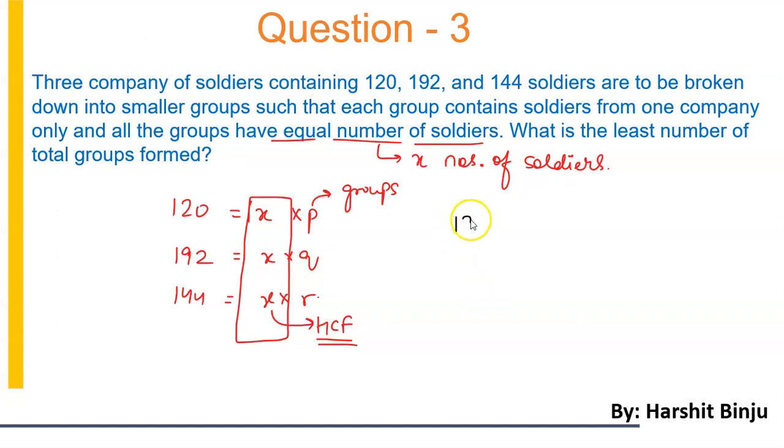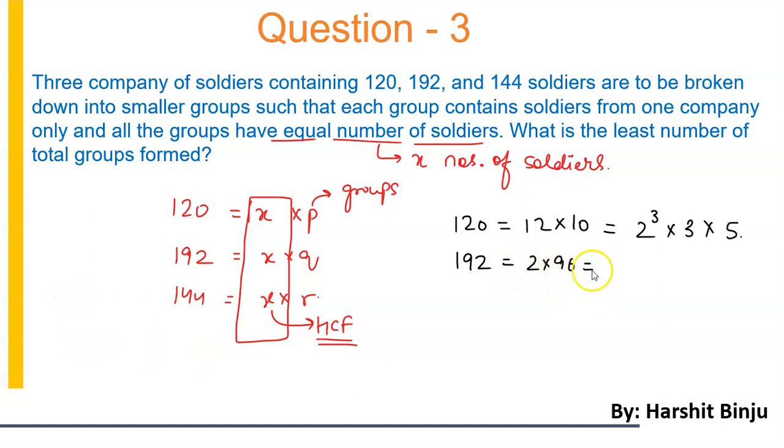So 120 is 12 into 10, which is 2 cube into 3 into 5. 192 is 2 into 96. So 96 is 2 into 48, then 8 into 24.